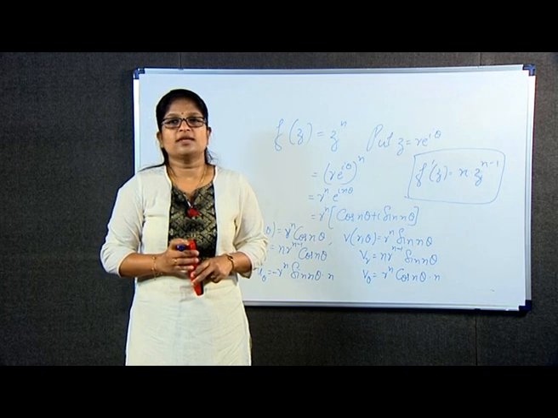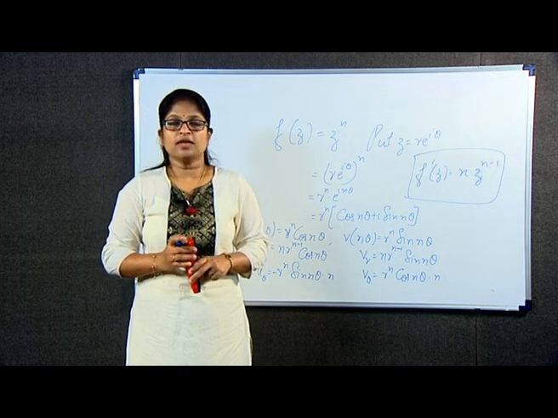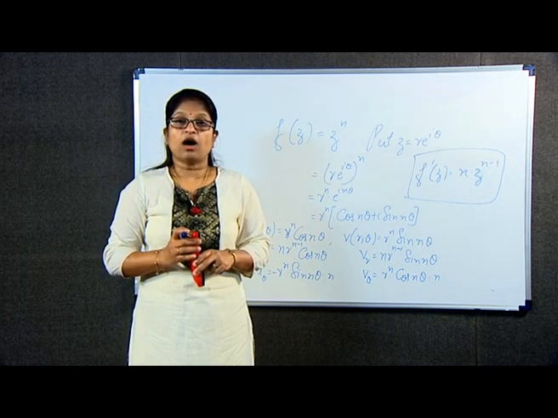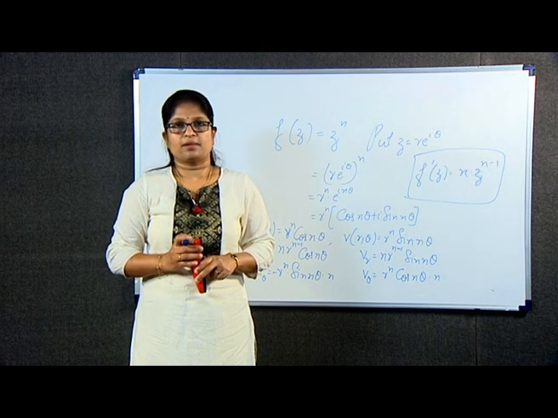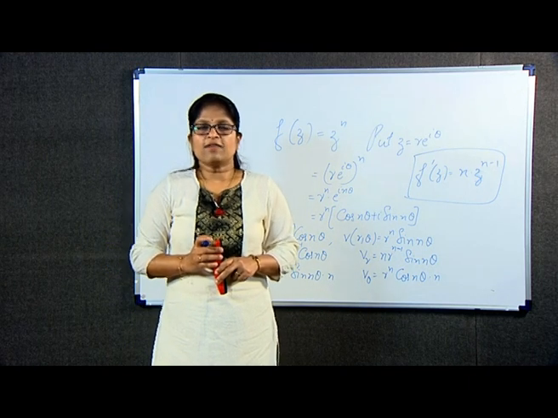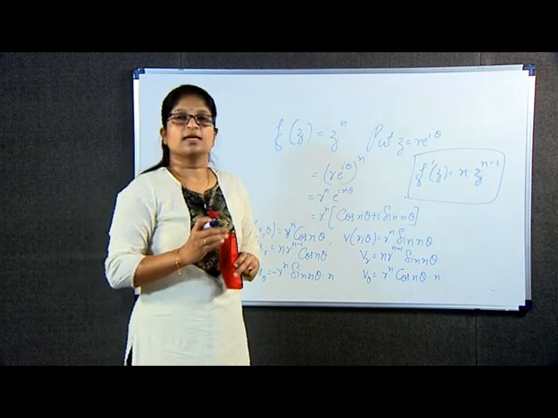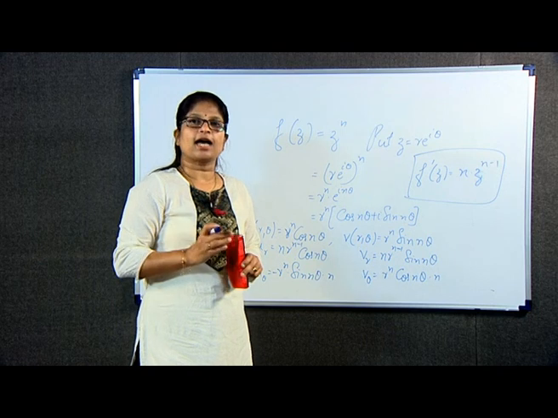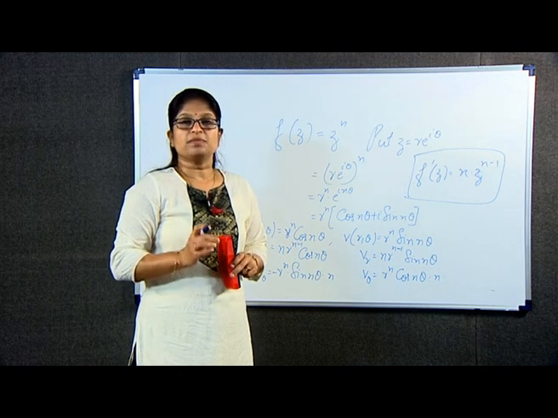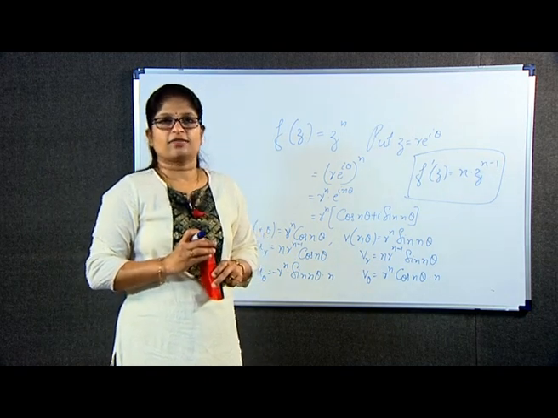What is an entire function? It is a function which is analytic at all points in the z plane. Even if there is an exception of a single point, where it is analytic in the entire complex plane except that point, still you call it an entire function.